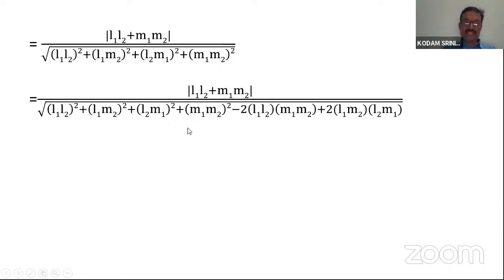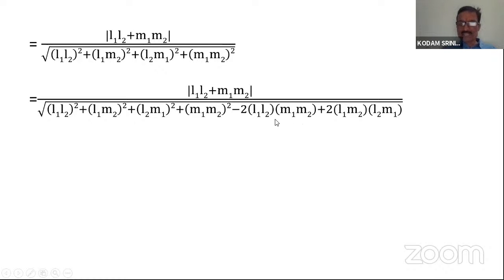Now here, just we have to remember one condition. In the denominator, we already have four terms in the previous step. Here we are doing additional work, just in this denominator part, inside the square root symbol: we are adding and subtracting 2 L1 L2 M1 M2. I am subtracting this term and adding this term, but these two terms are the same in magnitude.